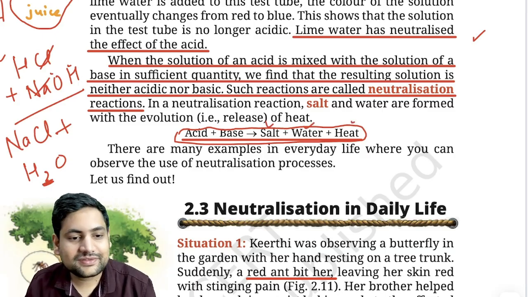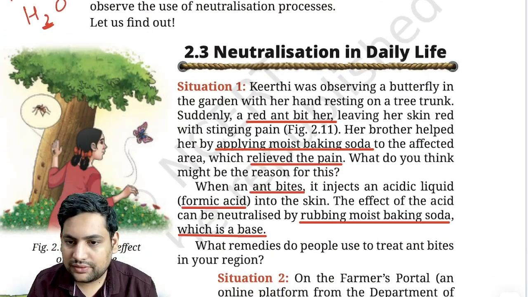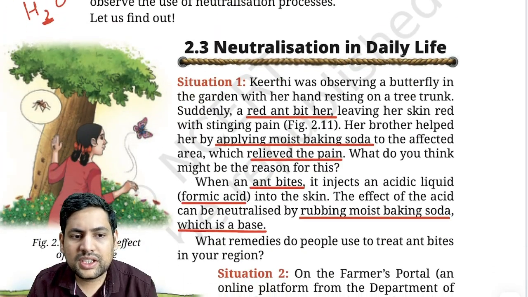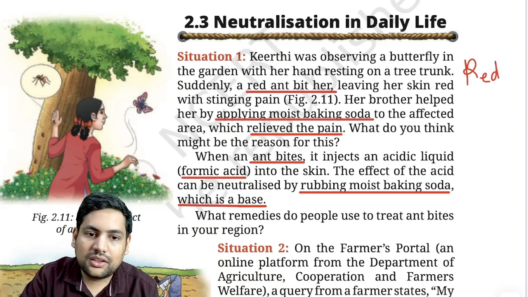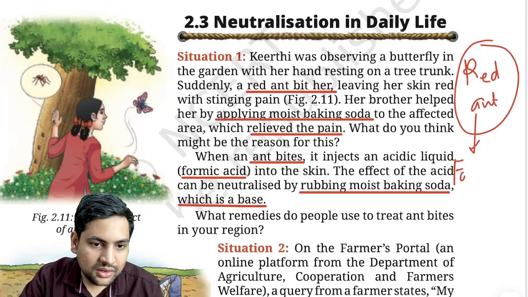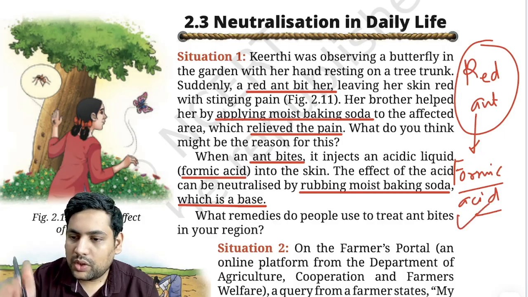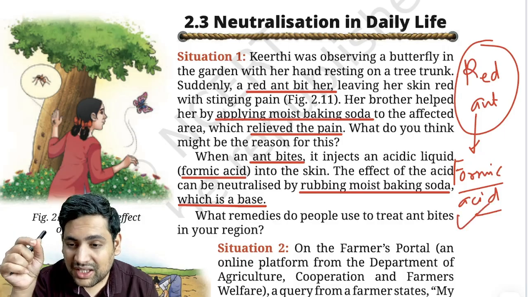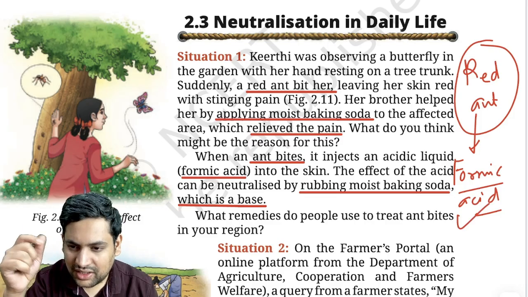Understood? Then it talks about neutralization in daily life. For example, if a red ant bites you, what happens? The red ant's bite releases formic acid inside you, and because of that you feel that stinging sensation.